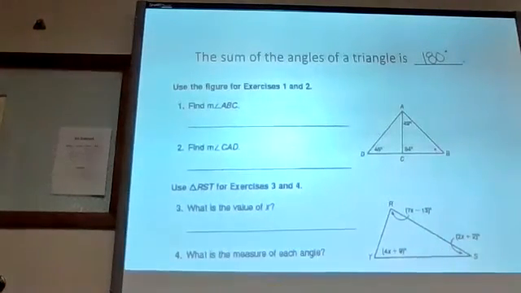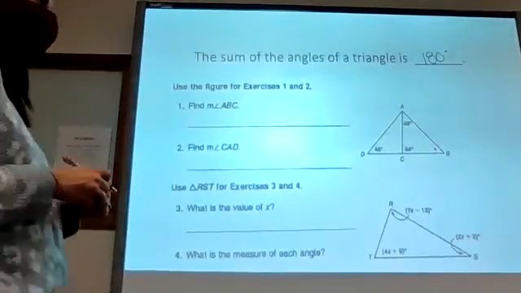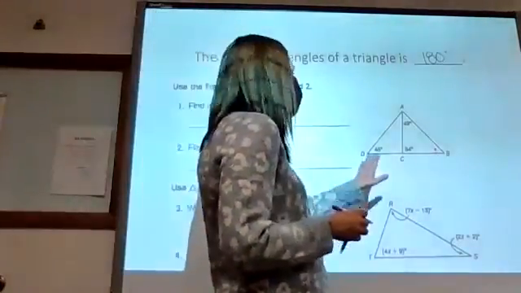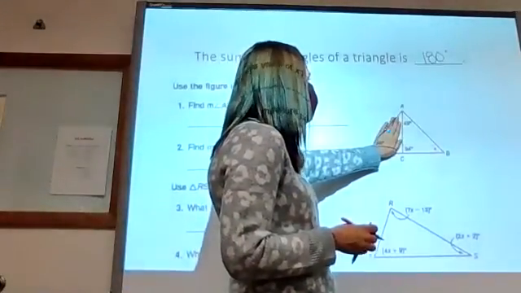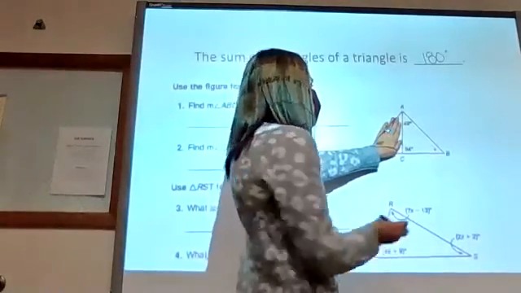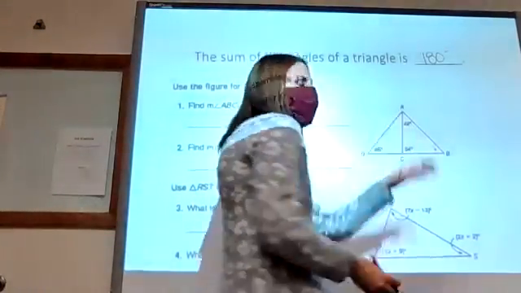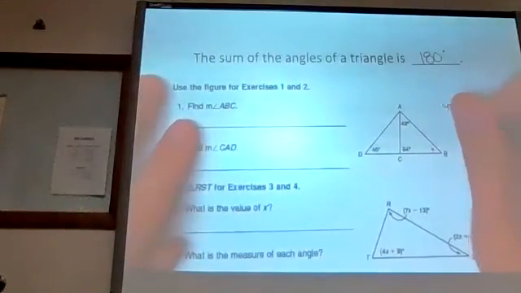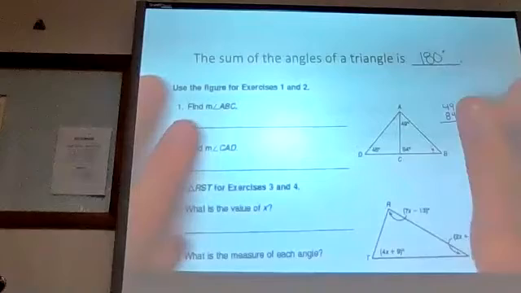How could I find that angle? Figure out what it would be to add 180. So I have this half a triangle here, and I can use 49 and 84, so I'll add those together. I have 49 and 84, which gives me 133.